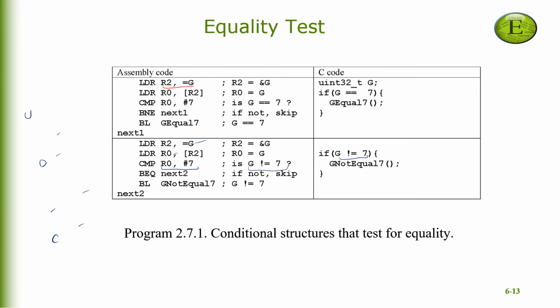So in this case if G is equal to 7, then we are just going to jump to next 2. And if G is not equal to 7, then this instruction will not be executed and we arrive at this instruction. Again, this is an unconditional branch.